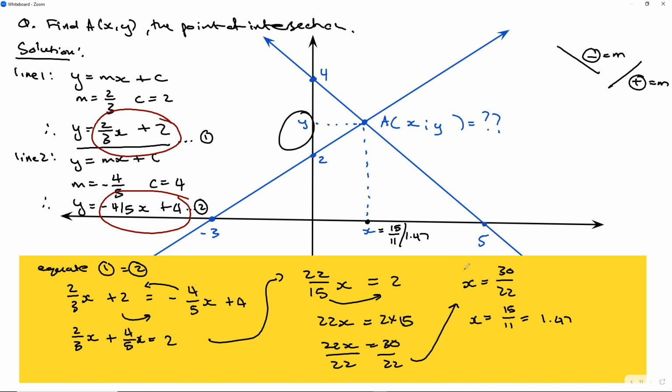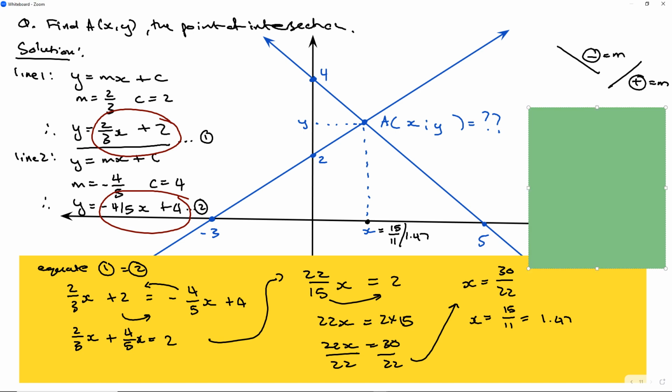How do I get the corresponding y value? To get the corresponding y value, we substitute the x value back into one of the equations. So to find y, we substitute x equals 1.47 into one of the equations.